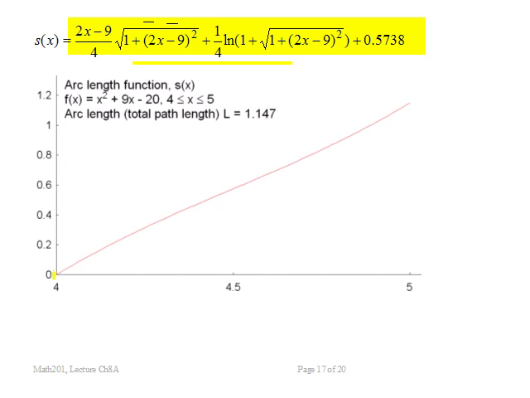So this arc length function is indeed a function of x. We can even graph it as we've done here, and it will give us the length along the curve, in this case between 4 and x, and I used the upper limit 5 just to show you that it does make some sort of sense, because if you remember, the length from 4 to 5 was 1.147, and you can see that's what we get here.